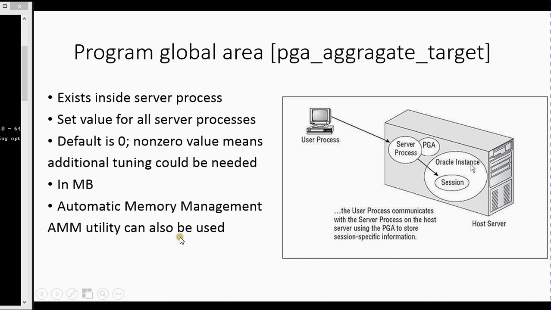What AMM does is manage memory for both the PGA and the SGA. Once you set this parameter, you allow the Oracle software to be responsible for allocating more memory to one or the other, either the PGA or the SGA. The measurement for this value is in megabytes.